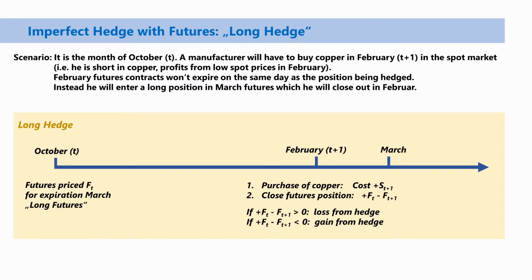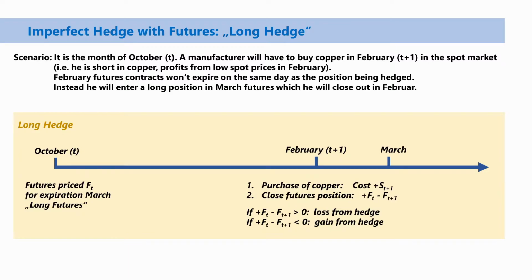At the time he buys the copper in the spot market, he will also close out the futures position. That would be in time t+1. The cost of the copper will be S_{t+1}, and he will either gain or lose on closing out his futures position. In this situation, with long futures, he buys at price F_t.